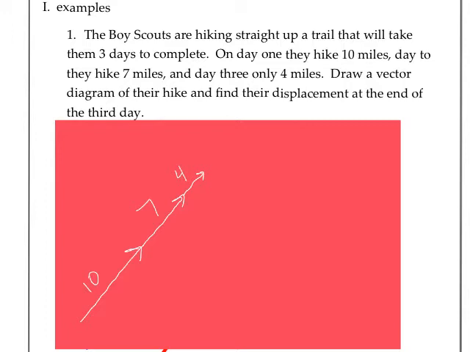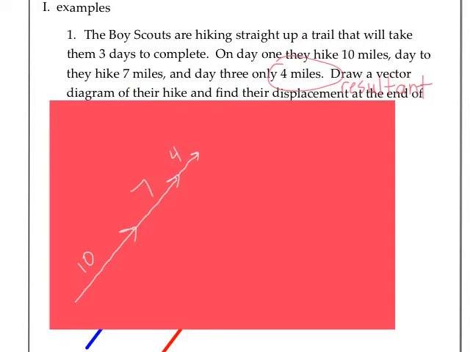Their displacement, in this case, would be equal to the resultant. So when it says displacement, we're looking for the vector sum of all of those things. The vector sum would be equivalent to where they started all the way to where they finished.